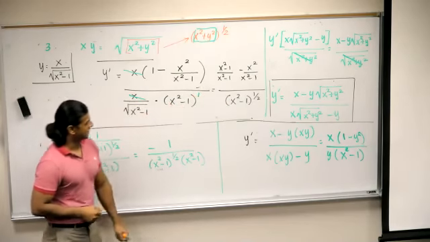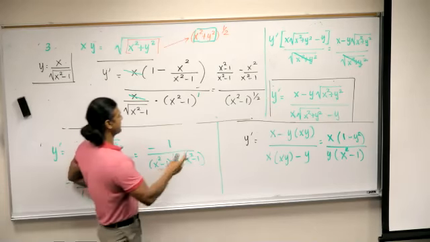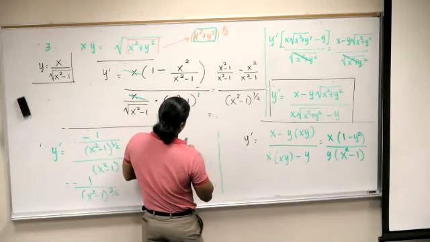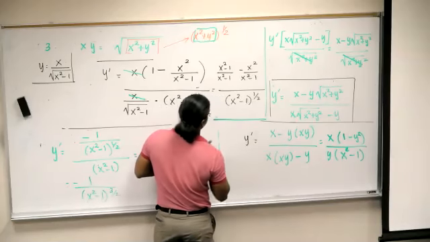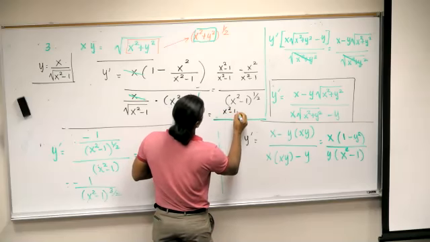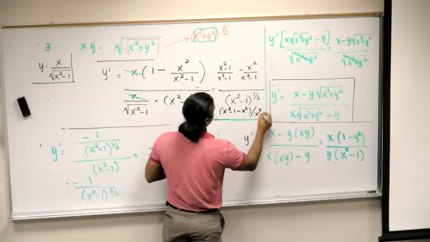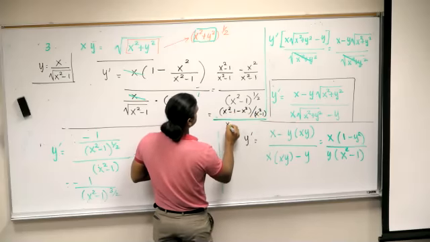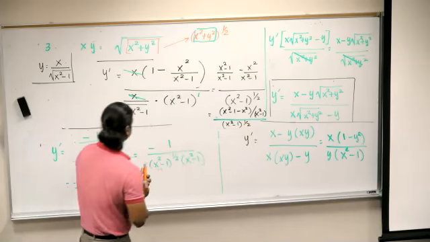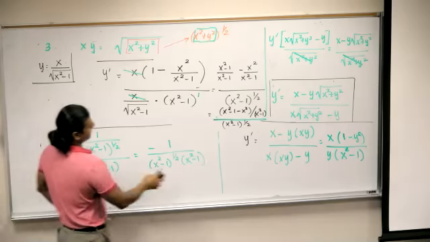Have a common denominator. So what do we do to the numerator? Combine them. So x squared minus 1 minus x squared, over x squared minus 1, divided by (x squared minus 1) raised to 1/2.